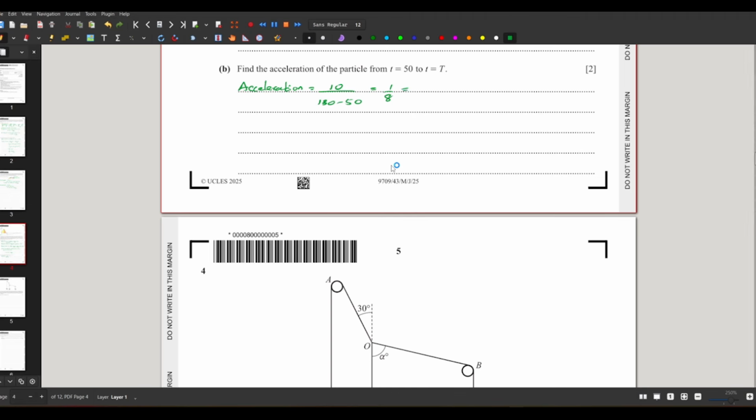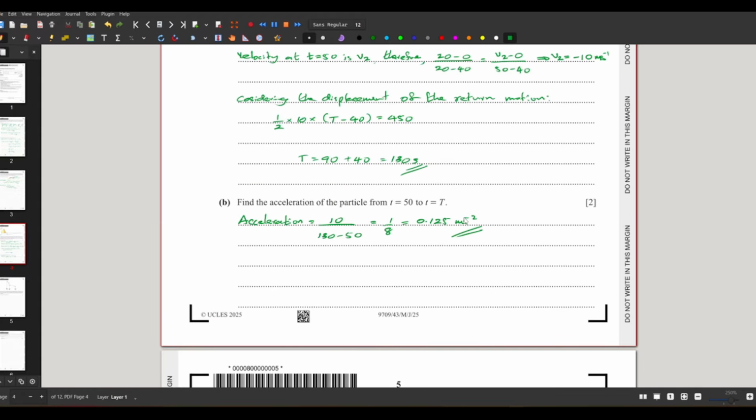Now 10 over 80, which is 0.125 meters per square second. So this is the answer.